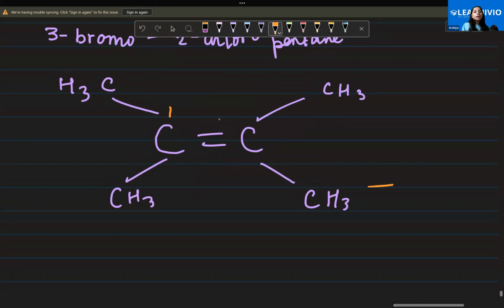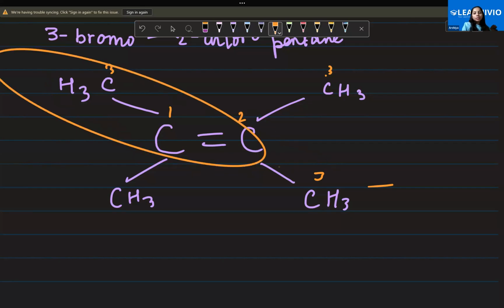If I start from here, 1, 2, I can go to here, here, or here. So any one of them would be 3, 3, and 3. But to make it even longer, can you see the chain like this?